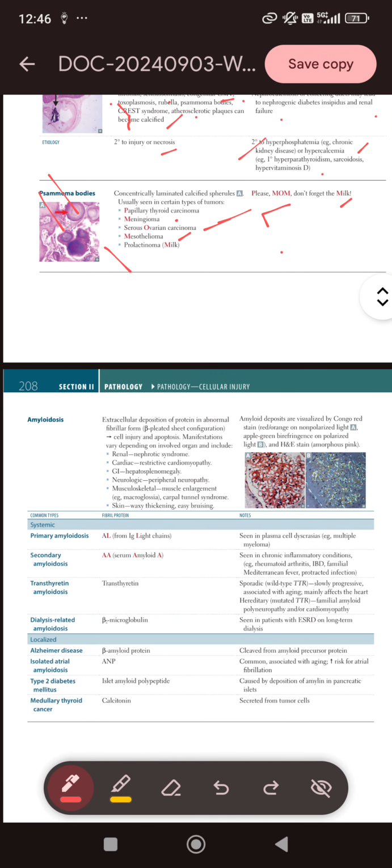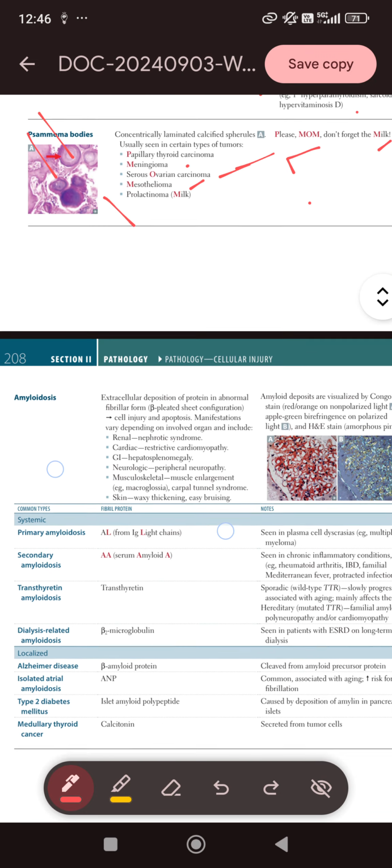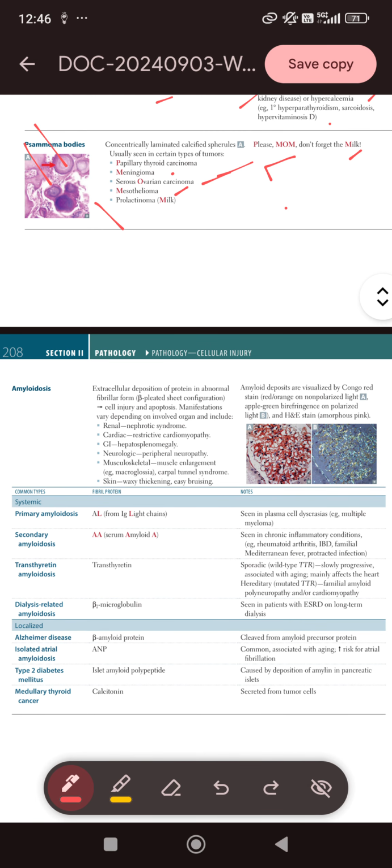Now amyloidosis. It is an extremely important topic, and questions come directly from this table itself. It can ask, for example, which type of amyloidosis has beta 2 microglobulin type of fibril protein. So we should know that beta 2 is associated with dialysis-related amyloidosis.